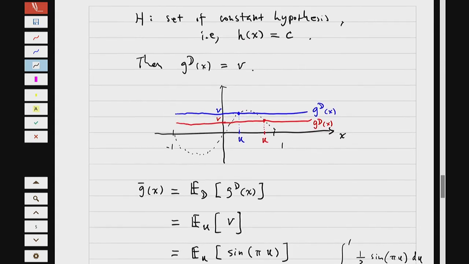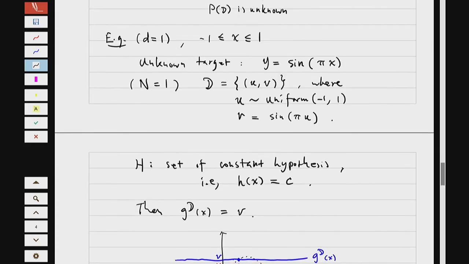This expected value is based on the constant hypothesis. All of this analysis is based on this constant hypothesis.